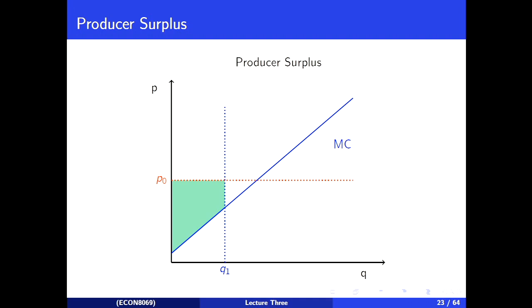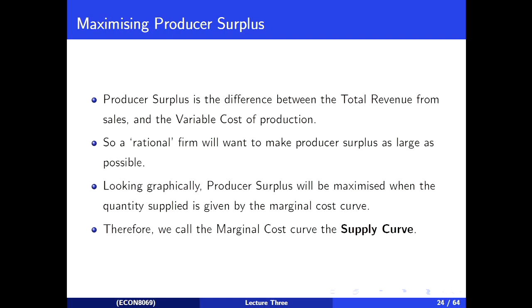This should be ringing lots of similarity bells with the consumer surplus. It's very, very similar. Any questions? Questions, concerns? Lovely. So producer surplus is the difference between total revenue and variable cost of production.